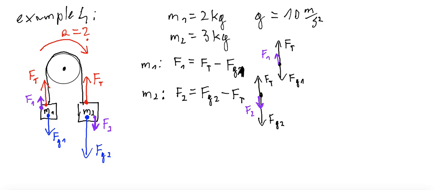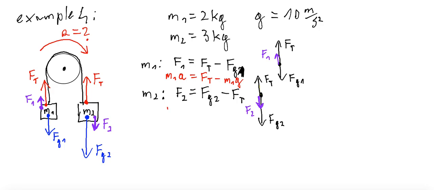But of course, F1 can be written as M1 times... sorry, next mistake, sorry, let's go back here. F1, what is F1? Due to Newton's second law of motion, F1 is M1 multiplied by acceleration, tension is tension, and Fg1 is M1 times G, and I can write exactly the same for the second mass.